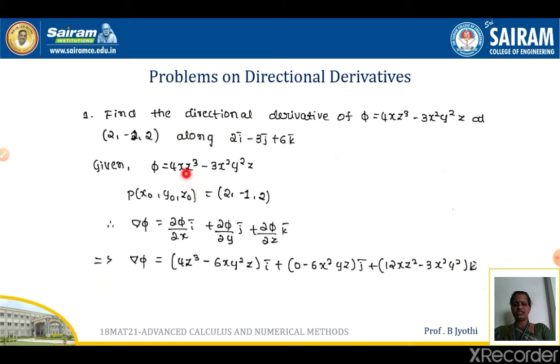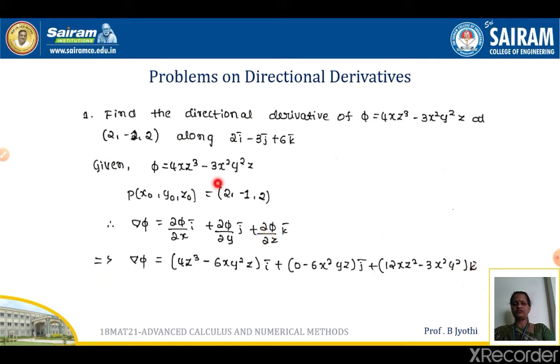When we differentiate phi with respect to y, the first term will become 0, the second term will be 2y, and it is multiplied with this. Therefore we get 6x squared y z into j, plus dou phi by dou z.